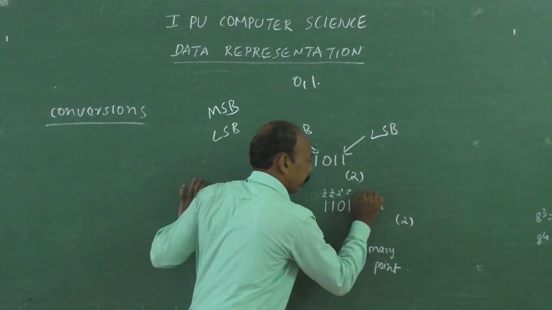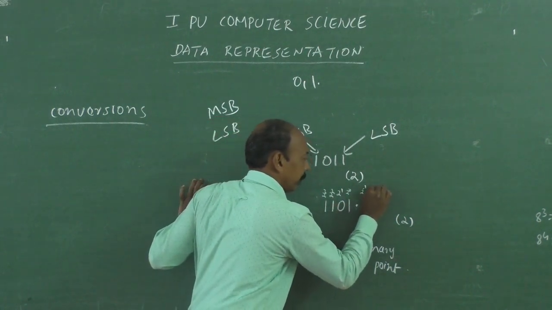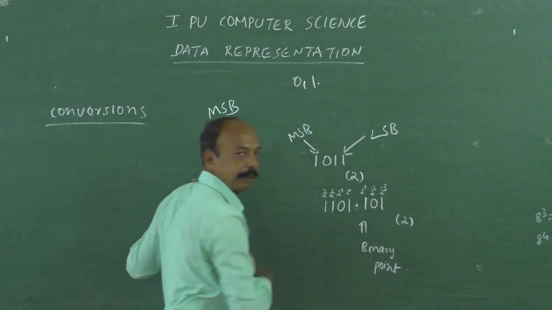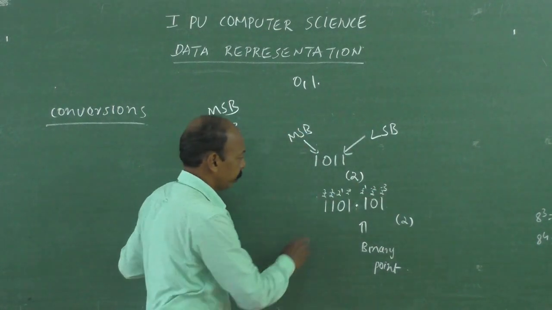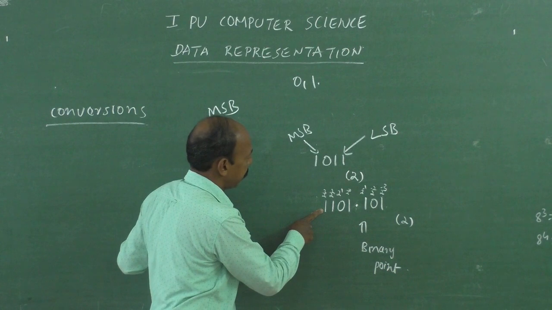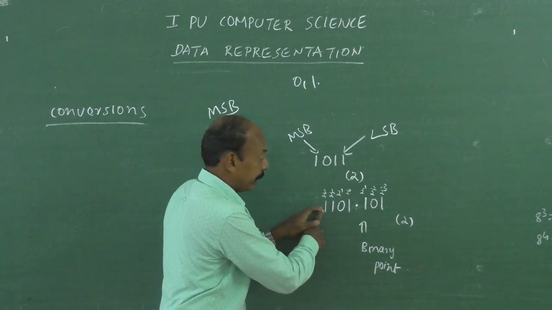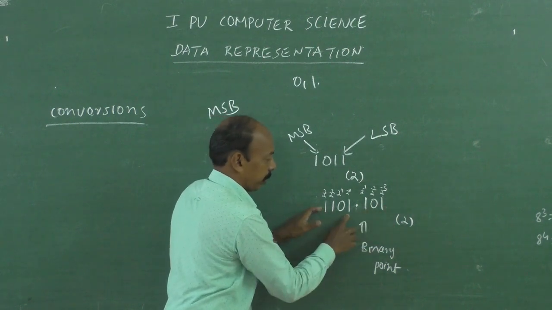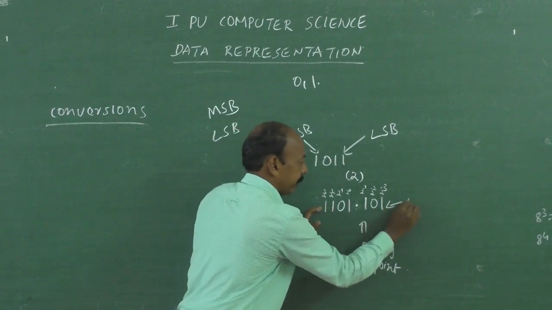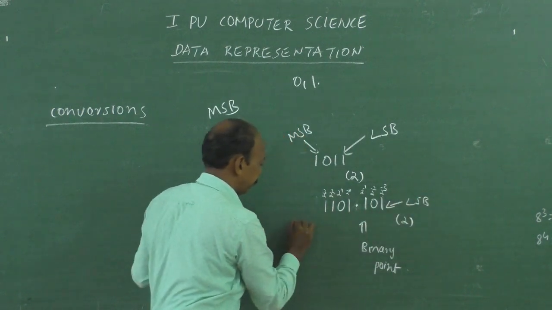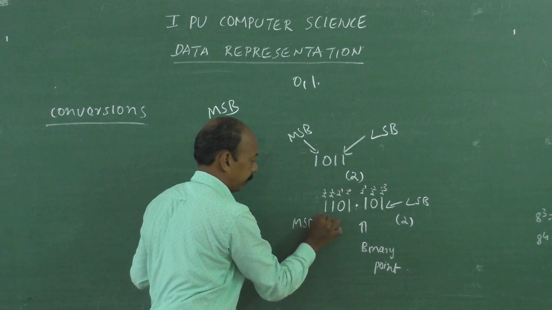This is 2 to the power minus 1, 2 to the power minus 2, 2 to the power minus 3. Right? That's why this is MSB. Which is LSB here? This one, not this one. This is LSB. And this is MSB.